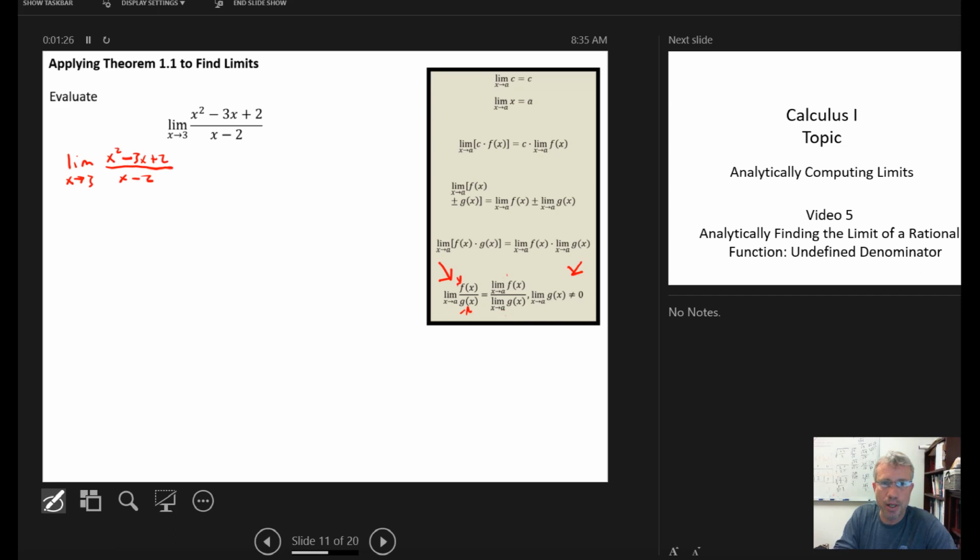Because plugging 3 in wouldn't cause division by 0, I'm going to use this tool and rewrite it as the limit as x goes to 3 of the numerator, x squared minus 3x plus 2, in parentheses, divided by the limit as x goes to 3 of the denominator in parentheses. So that's step 1.